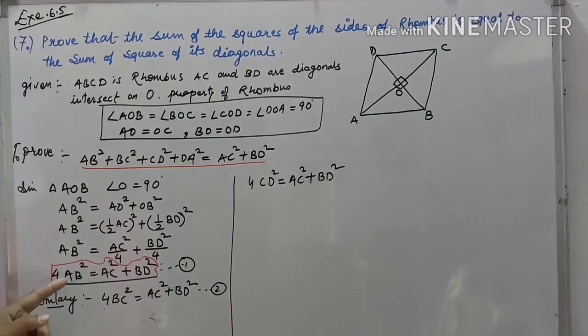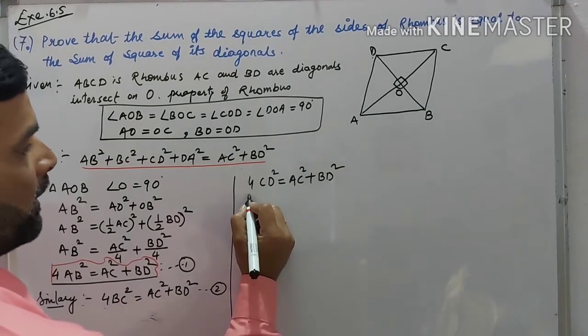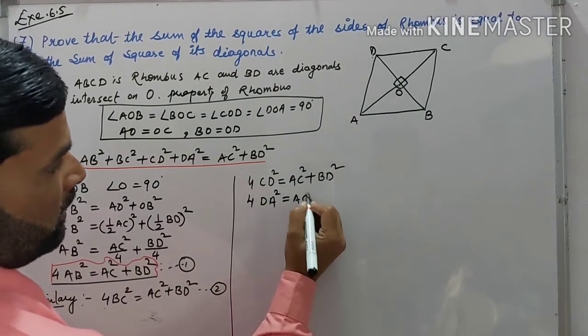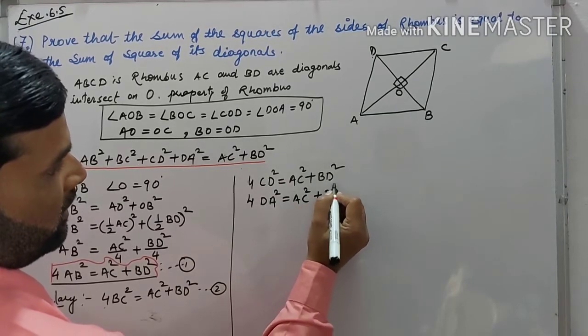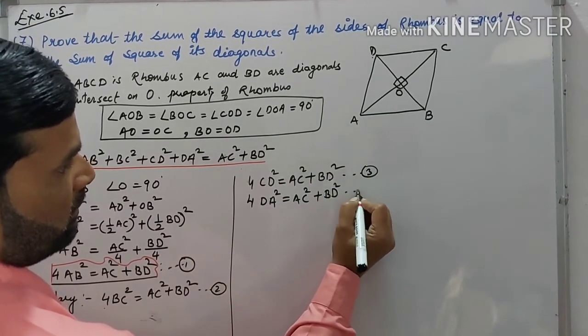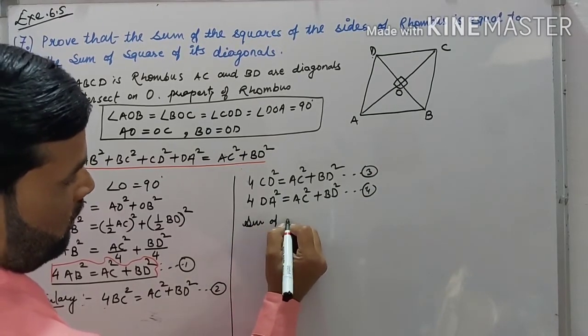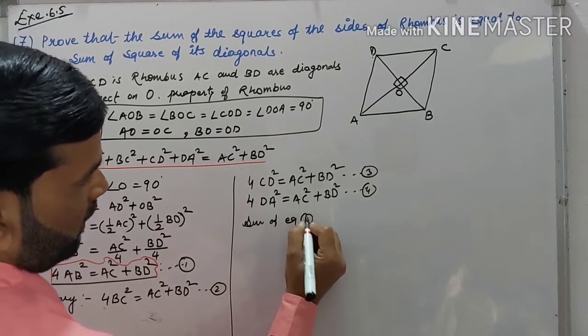The first equation, AB is a side and AC and BD are diagonals. Similarly, the second side BC square is equal to both diagonals, and the third and fourth sides CD and DA square is equal to AC square plus BD square, equation 3, equation 4.